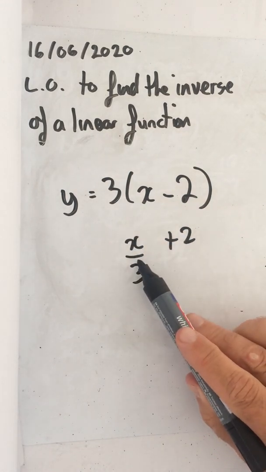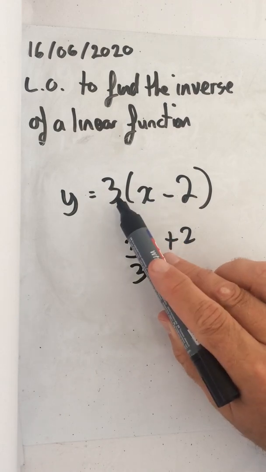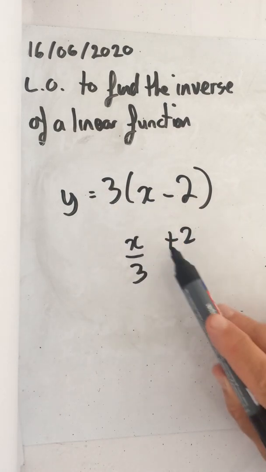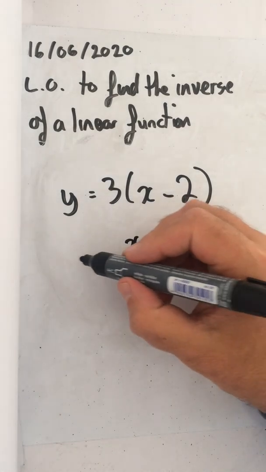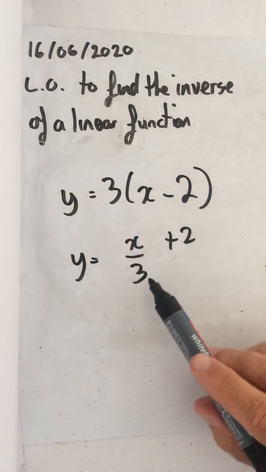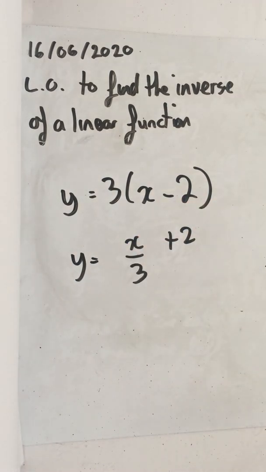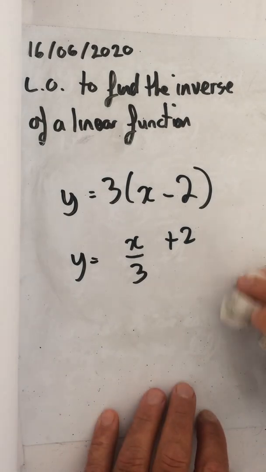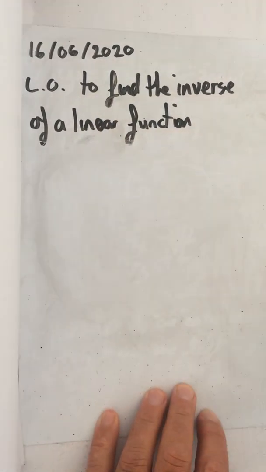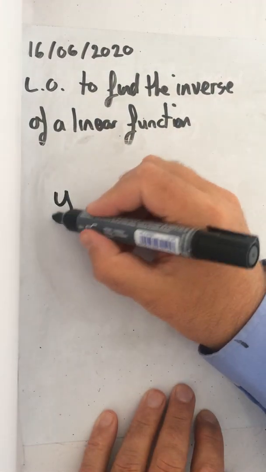So you only have the x divided by 3, and then you have your other integers separate. So that's how you do those ones. Let's have a look at another one, because they are a little bit confusing.